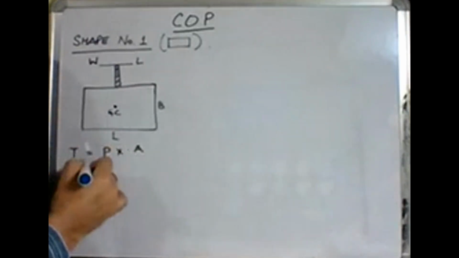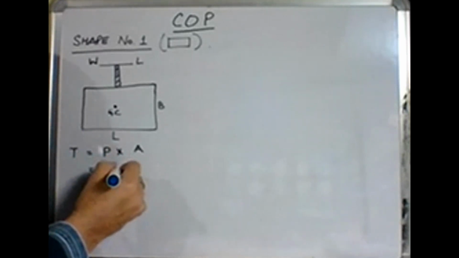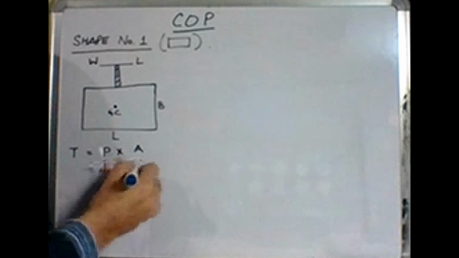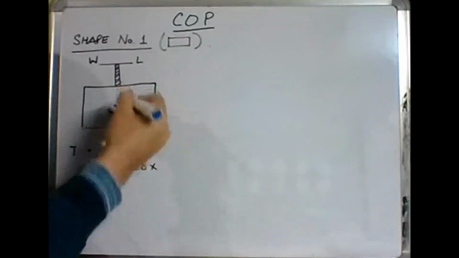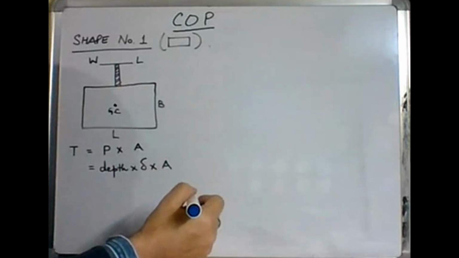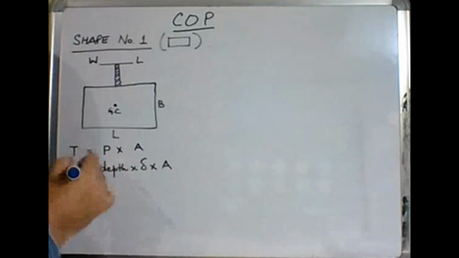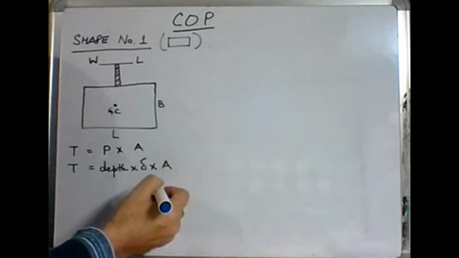And pressure is depth into density of the liquid inside the tank into area. So thrust is depth into density into area.